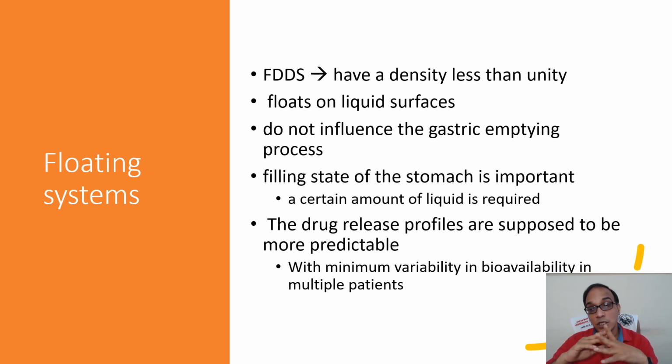It does not influence the gastric emptying process. The filling state of the stomach is important here. An ample amount of liquid is required to be taken with the dosage administration. The drug release profiles are supposed to be more predictable with minimum variability among multiple patients.